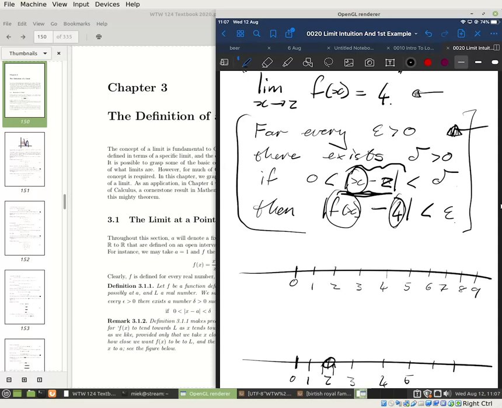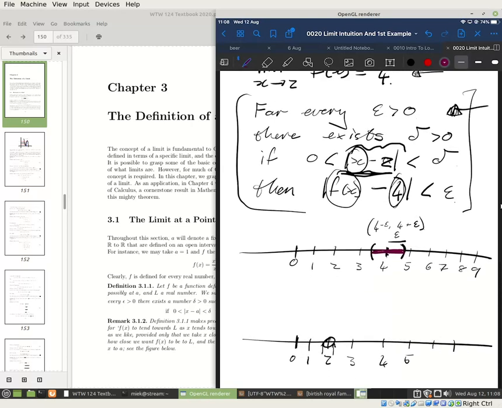So what it says here is, for any epsilon, if we look at this interval over here with radius epsilon, so let's write that down. This will be 4 minus epsilon, 4 plus epsilon. If we look at this open interval, let me color it like so.